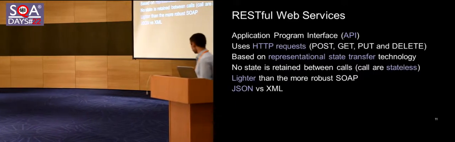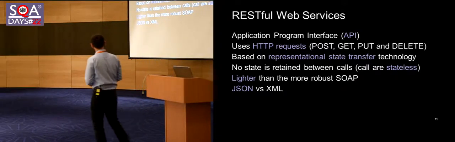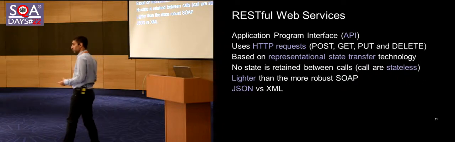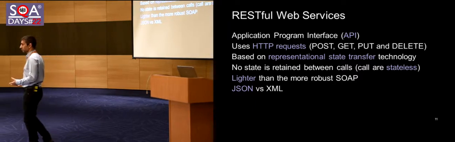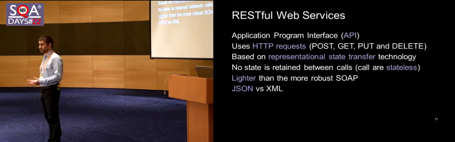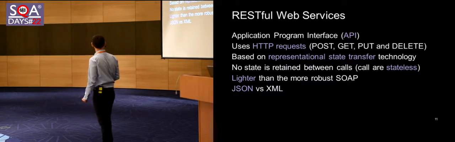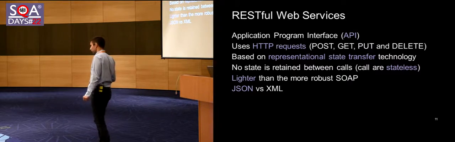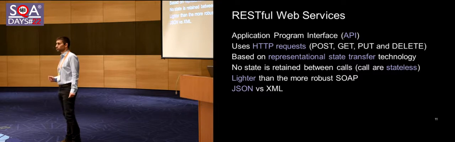When we are talking about a RESTful web service, it's basically an application program interface, and it is quite simple because it uses something that we already know quite well, HTTP requests. It can use POST, GET, PUT, and DELETE operations. It can use more, but these are the most used.